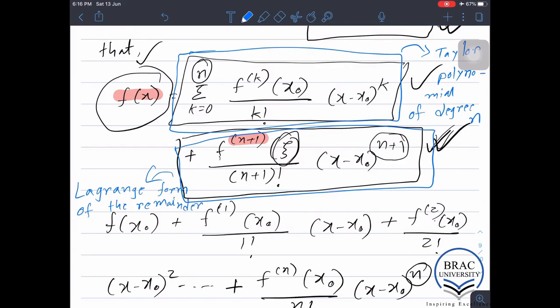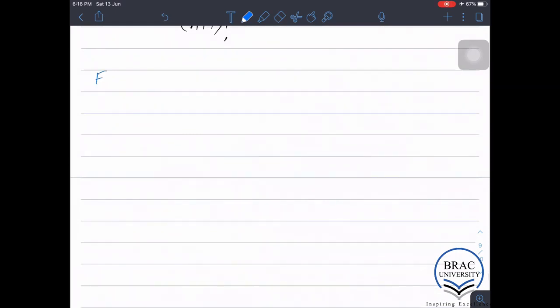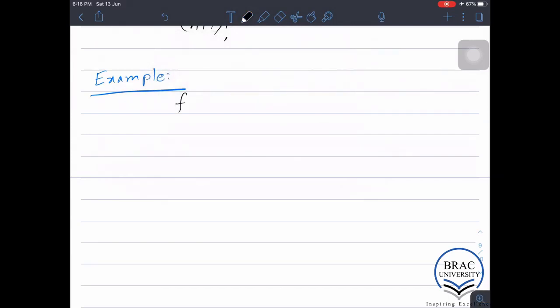Okay, so let's work out an example and try to precisely understand what this theorem means. So we all know that, let's say f of x is sine x, then we can write it as x minus x cubed by 3 factorial plus x to the power 5 by 5 factorial minus x to the power 7 by 7 factorial, and it goes on.